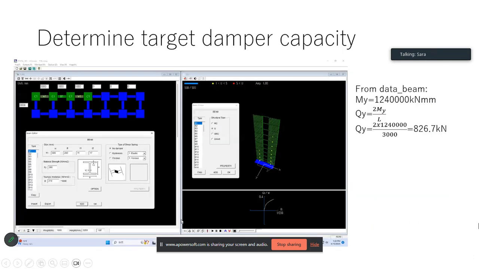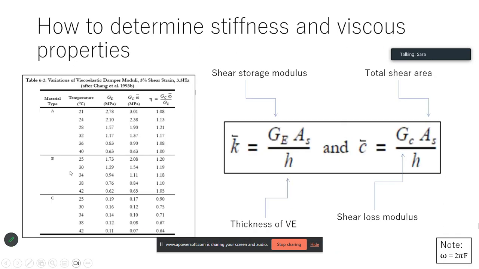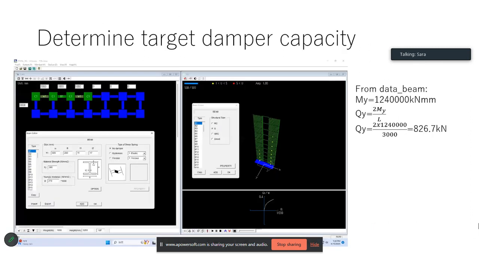In this data, we can see the material type, the shear storage modulus and the shear loss modulus, and how to find the target damper capacity.